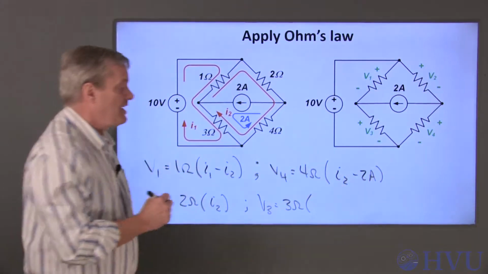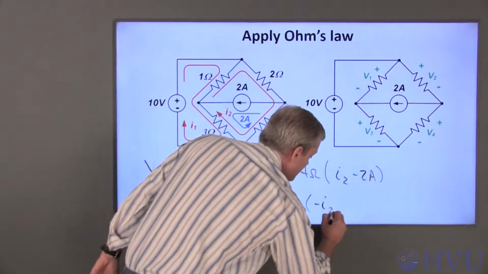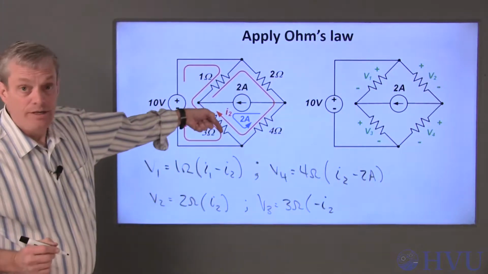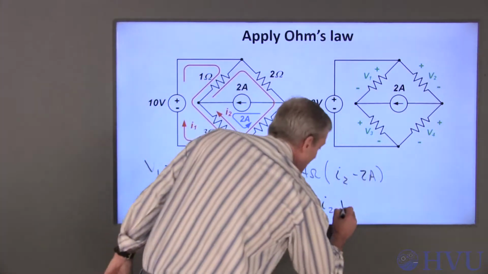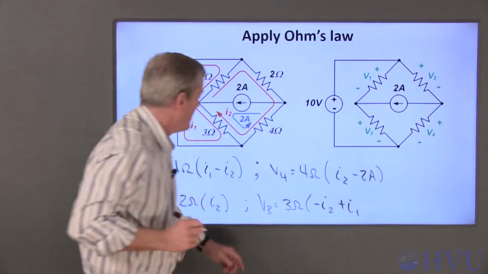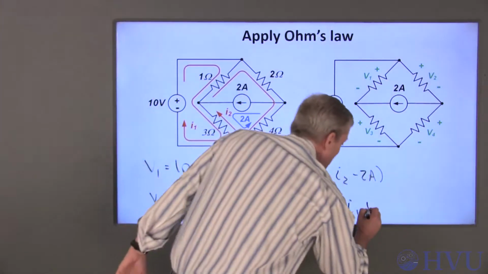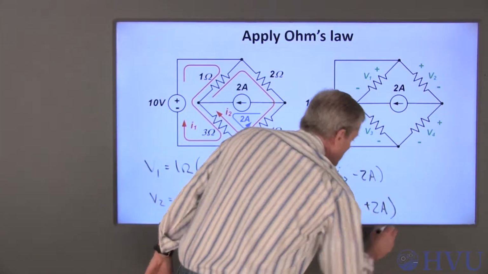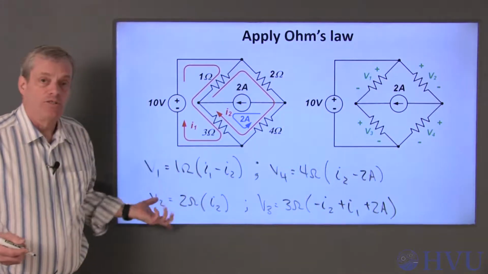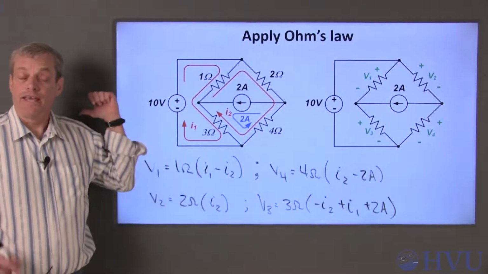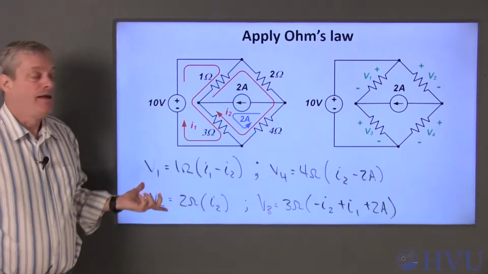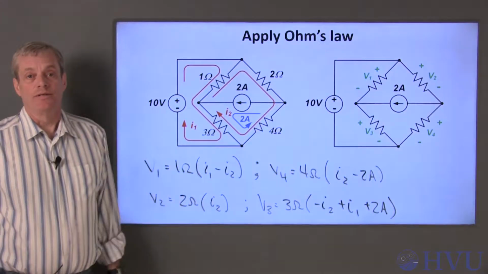I2 is entering the negative terminal, so that becomes a negative I2. I1 enters the positive terminal. I add that term on. And 2 amps, the constrained loop, enters the positive terminal. I add 2 amps. Now we can substitute the Ohm's law equations into our KVL equations from the previous slide and write the system of mesh equations.